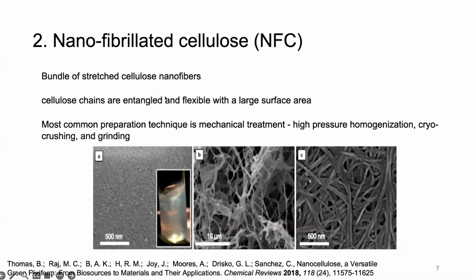NFCs, we make through the treatment of cellulose sources with mechanical treatments such as high pressure homogenization, cryocrushing, and grinding. And you see it's entangled, flexible cellulose fibers.